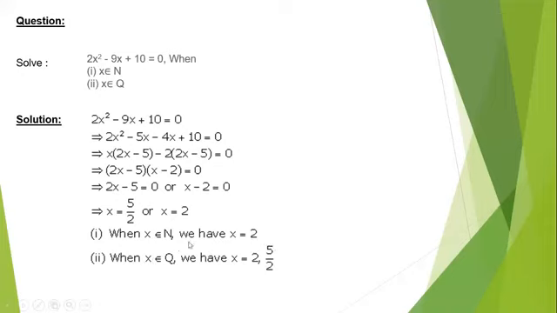While for x belongs to Q, Q means rational number. So both these values of x which we got are rational numbers. So for writing the x belongs to Q answer, we have to write both the answers.